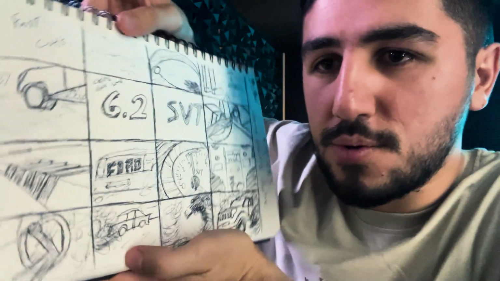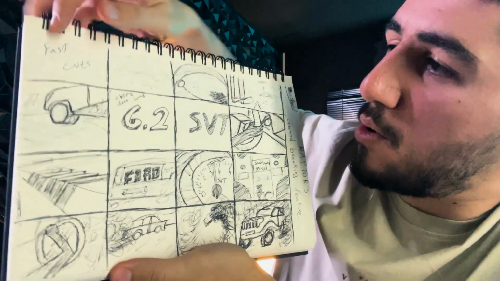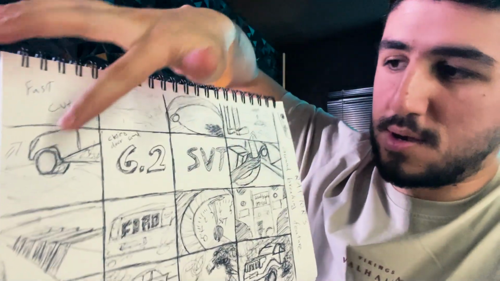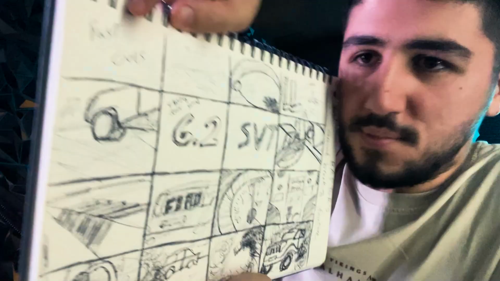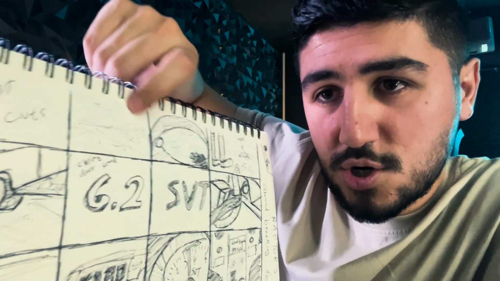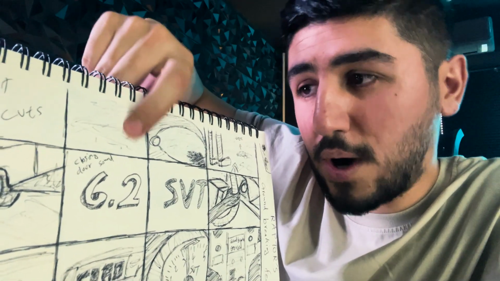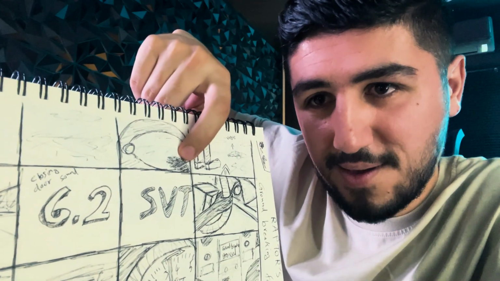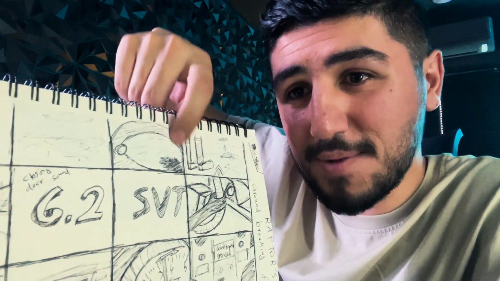Let me walk you through the steps. So I've written fast cut here. So we go like that, okay? This is the sequence. I've written fast cut here. The shot right after that is the desert shot, the one where the ground is visible, and we see a helmet. This is a hand. This is a helmet of the driver.